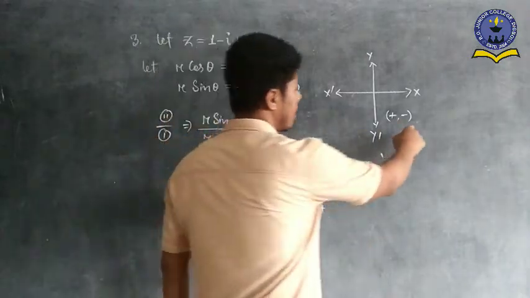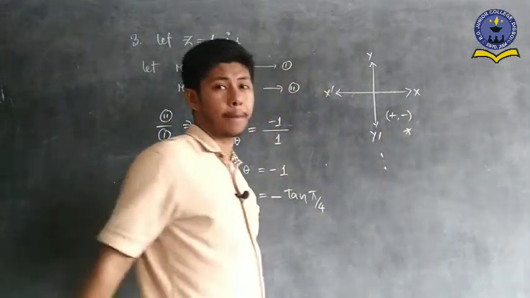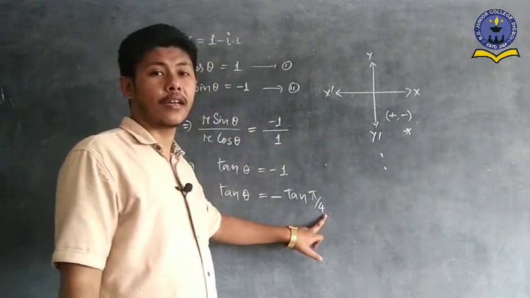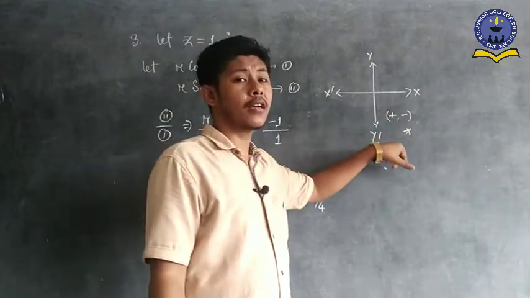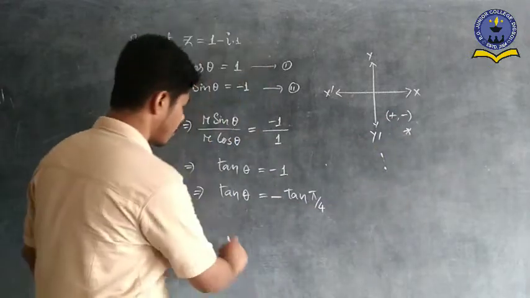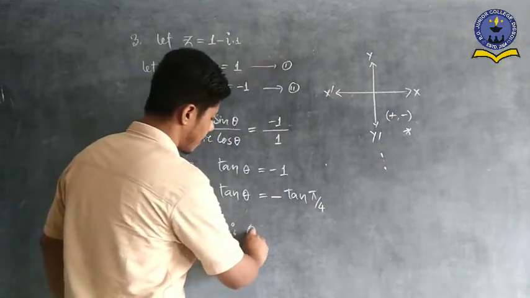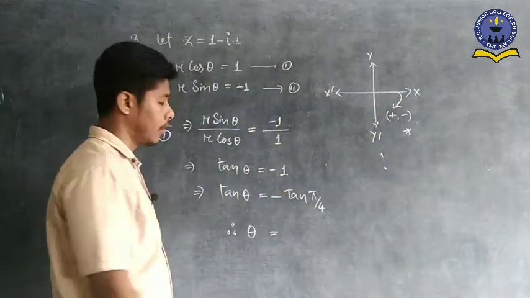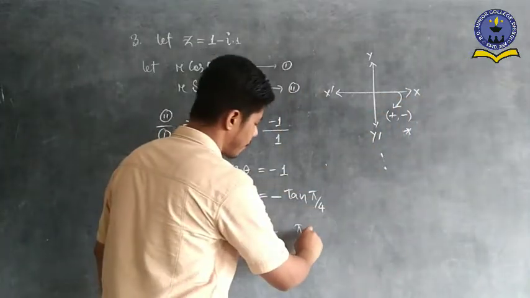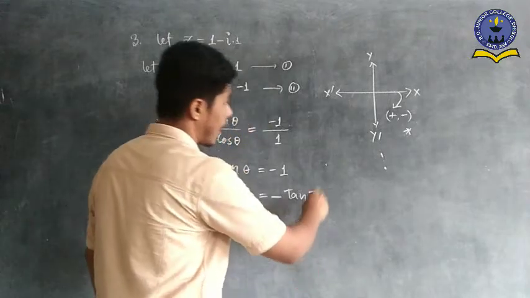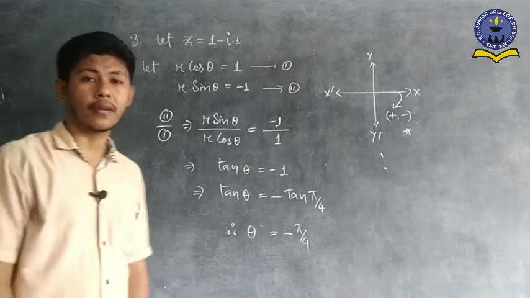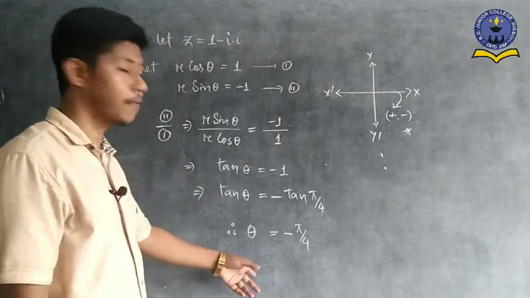In this quadrant, the angle is pi by 4. So if we measure the negative angle, theta equals, measuring from this side, the angle is pi by 4, and it is a negative angle, so we have to write minus. Is it clear? I think all of you understood this.